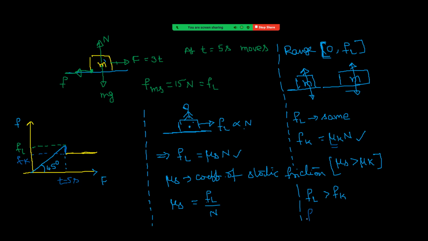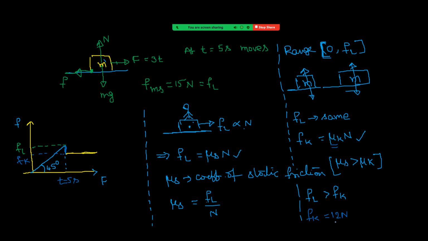Suppose kinetic friction is 12 Newton. That means static friction can be 12, greater than 12, or less than 12. So static friction may be greater than, less than, or equal to kinetic, but the limiting value is always greater than kinetic friction, because limiting value is 15 in this case and kinetic is 12. So these points we have to keep in mind.